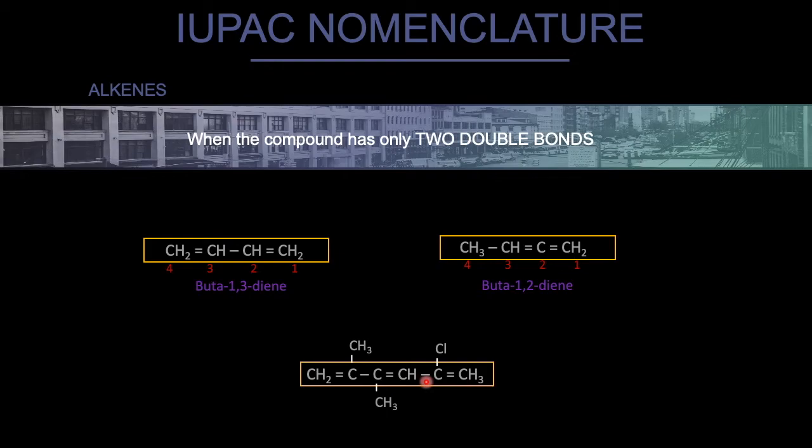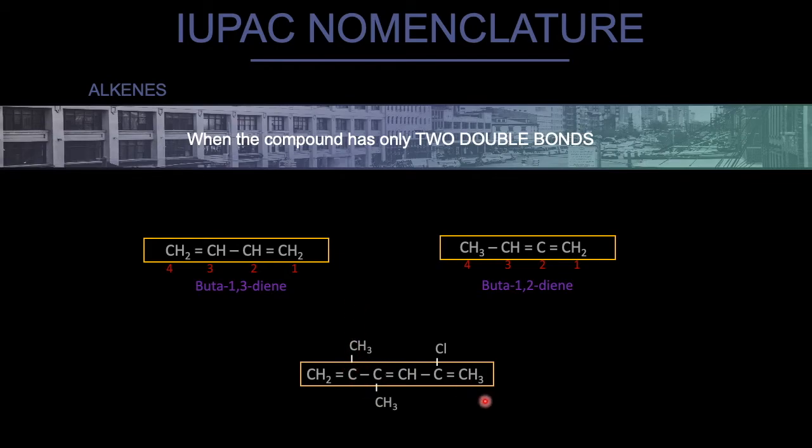So the second thing that you will look into is the substituent, so that the substituent gets the lowest possible number. If we were to number it in this direction, here you would have 2 methyl, then 3 methyl and then 5 chloro. While in this direction, it would have been 2 chloro and then 4 methyl and 5 methyl.